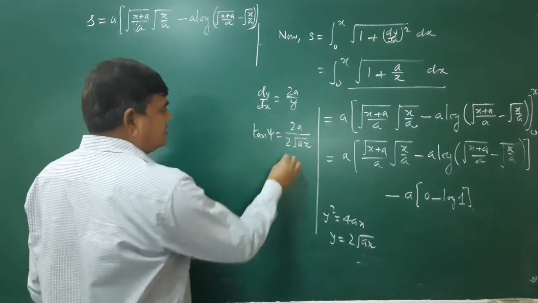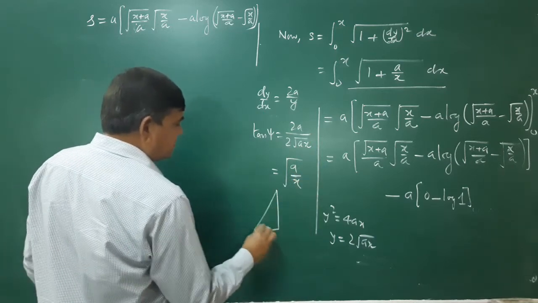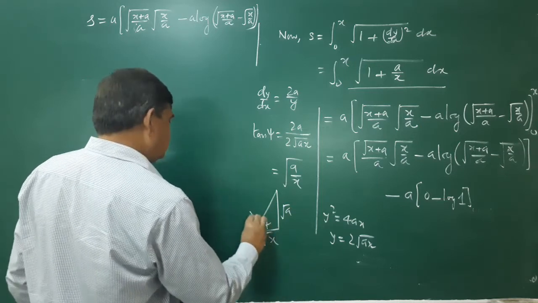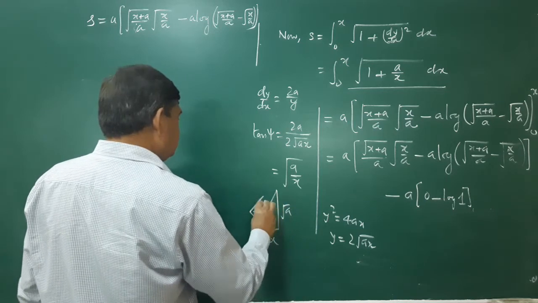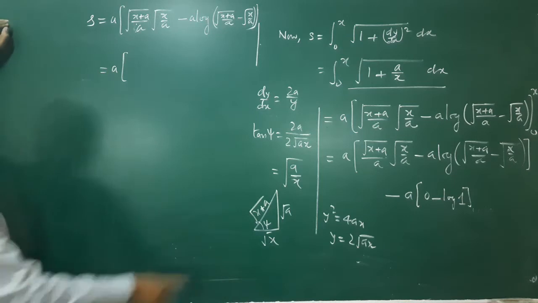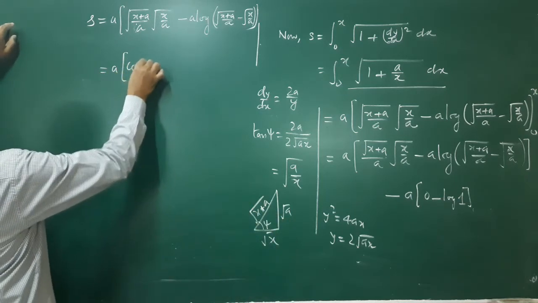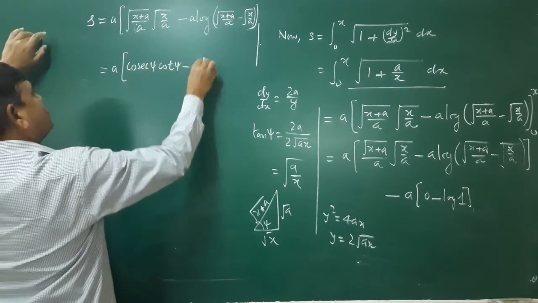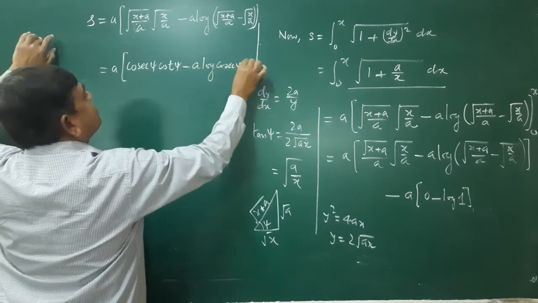So 2 and 2 cancel out, so it is root a by x. Now take the help of the triangle for psi: it is root a, root x, and this is root x plus a. This is the best way. Now use this: a root x plus a upon root a, that is a cosec psi. This is cos psi minus a log of cosec psi minus cos psi.